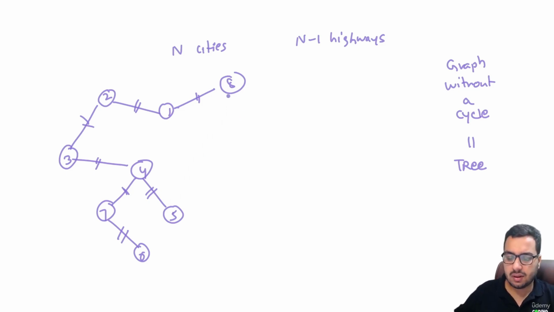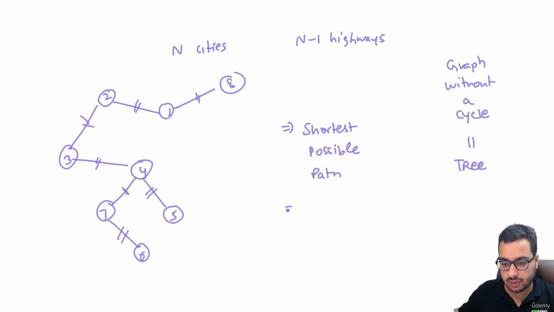Now what is the meaning of the shortest possible path? Another condition that is given to us is they always take the shortest possible path while traveling. And second, we have to maximize the total distance of travel.